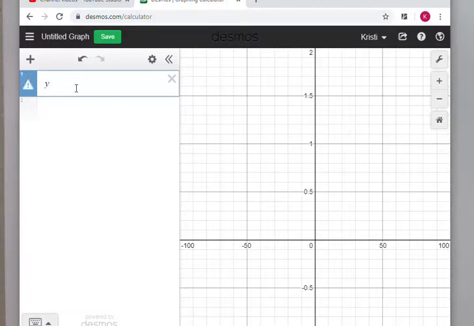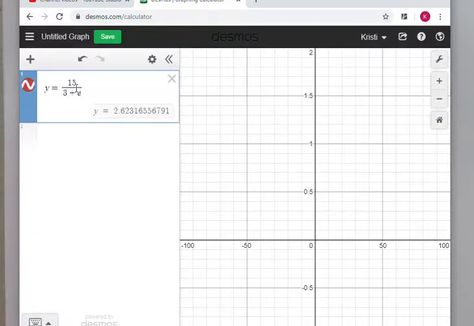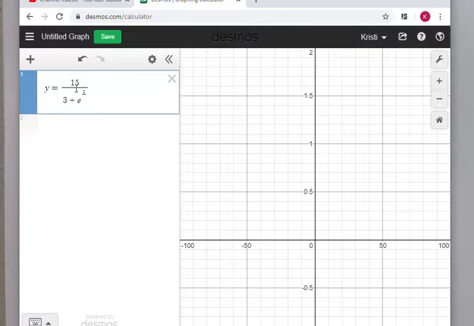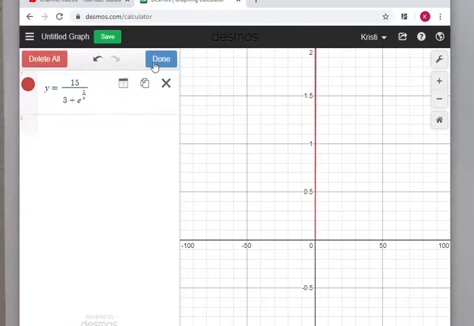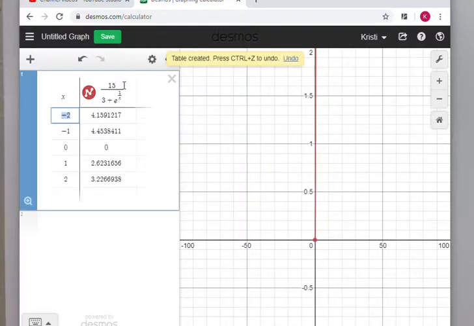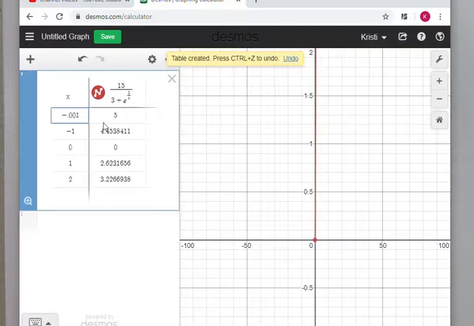Our function this time was 15 over 3 plus e to the 1 over x. And again, I'm going to use my little gear shift here to make a table out of that. And then I'll put in the x values that I want in order to create some kind of a pattern, I hope, that's going to allow me to get close to 0.